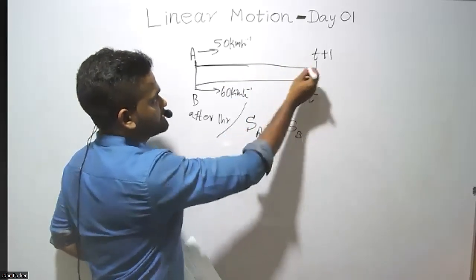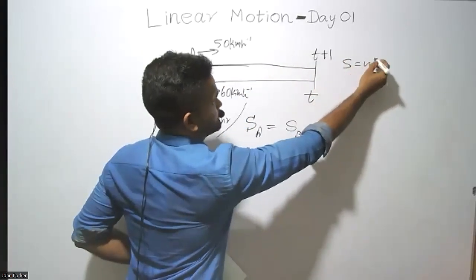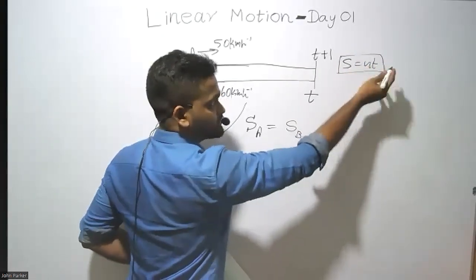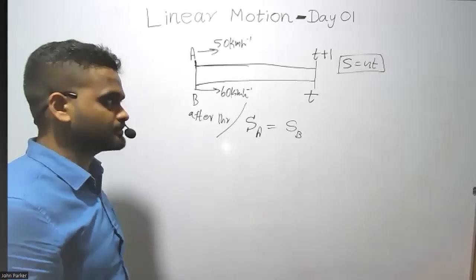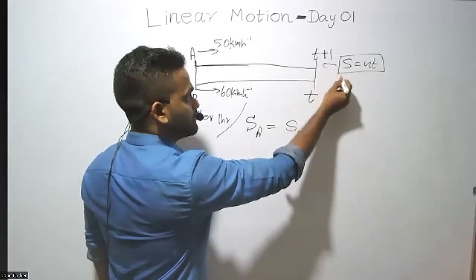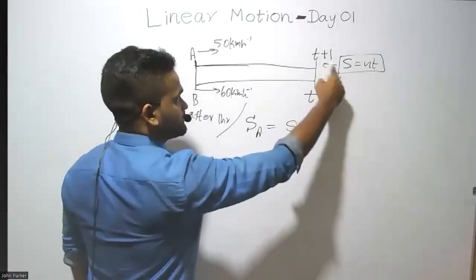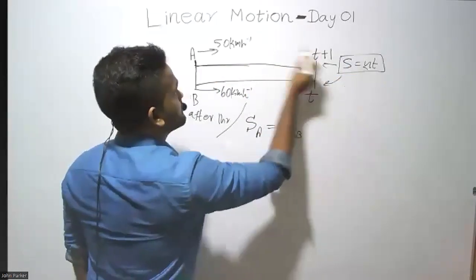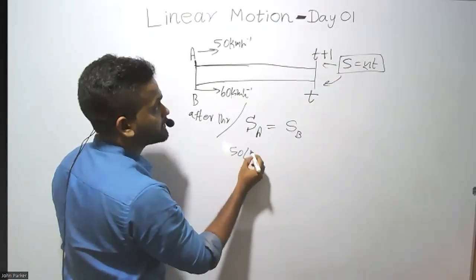Then just apply s equals ut here. Because these are constant velocity equations, you can apply s equals ut for both. So what is SA? u is 50, time is t plus 1.